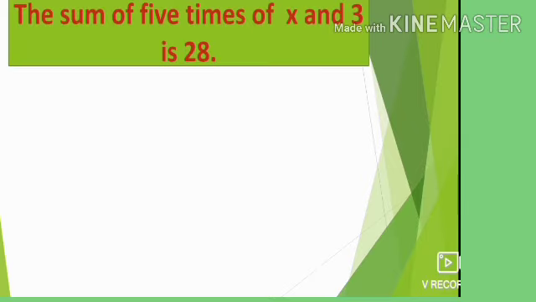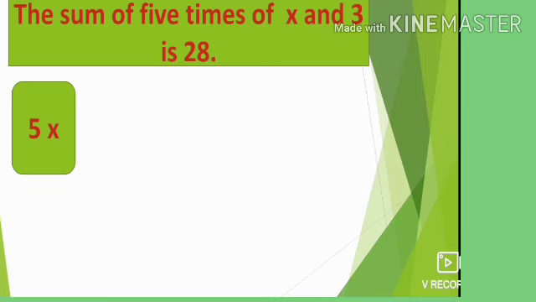The sum of 5 times of x and 3 is 28, which is the given verbal statement. Here 5 times of x means 5 into x.